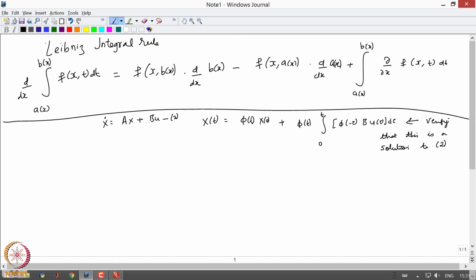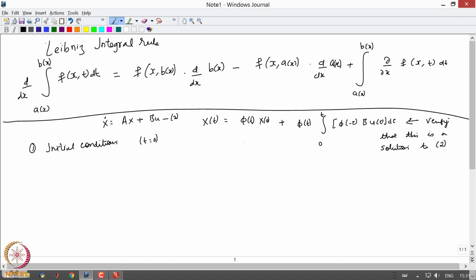So, how do I verify this? First, check initial conditions. What happens at t equal to 0?